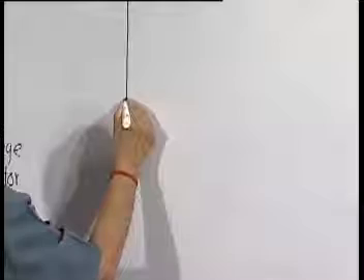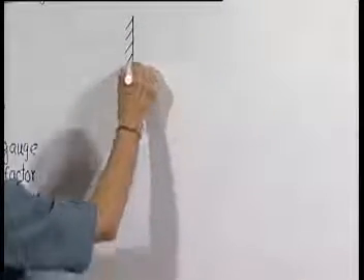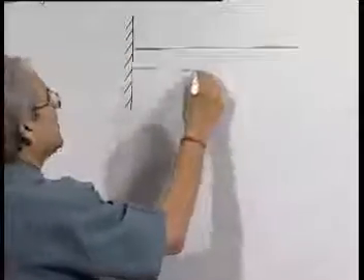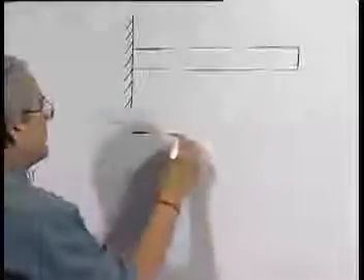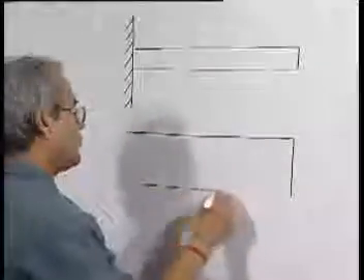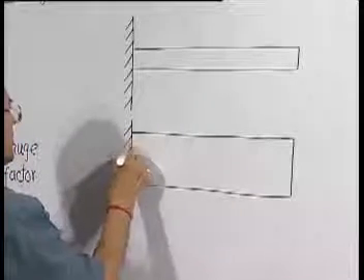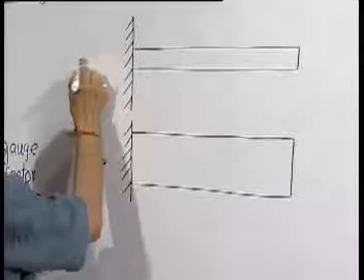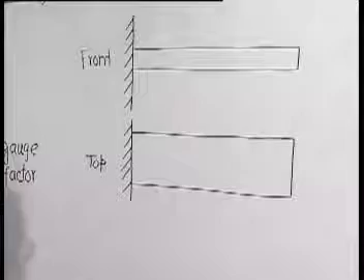Say we have to measure the vibration of a cantilever beam, as an example. These are the two views, the top view and the front view of the same cantilever beam.